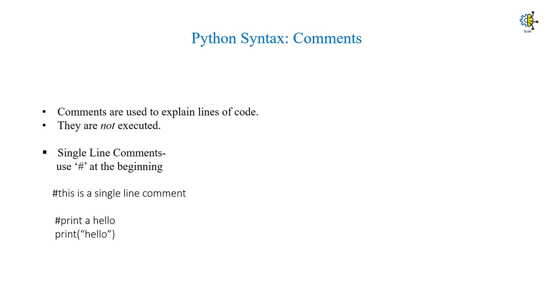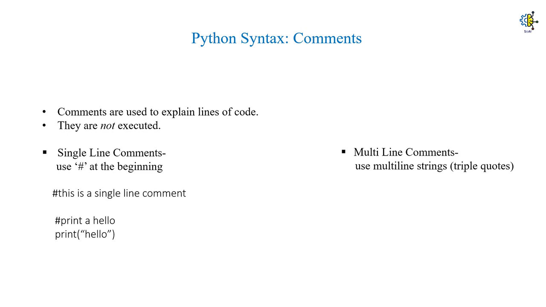For example, this is how you write a single line comment. And this is how you can write it if you want to specify a comment with respect to a line of code. And this is how you write multi-line comments in Python. In Python, there is no specific format of writing multi-line comments, so you use multi-line strings instead.